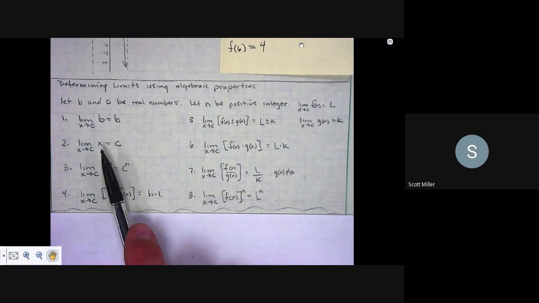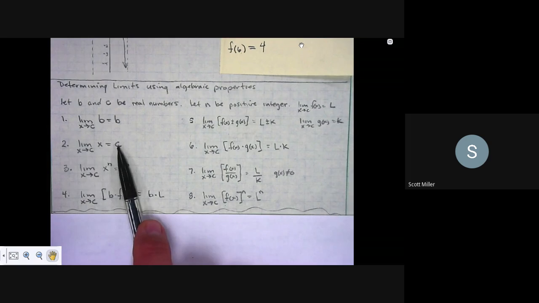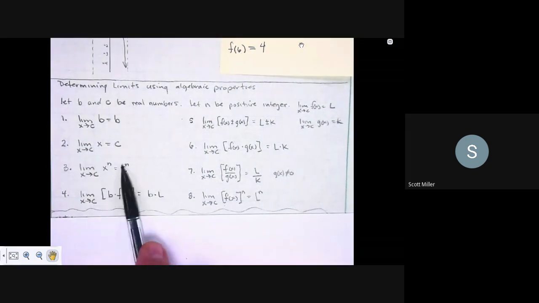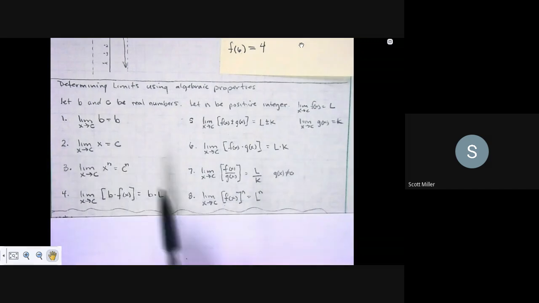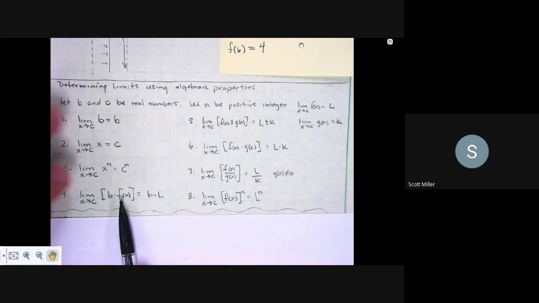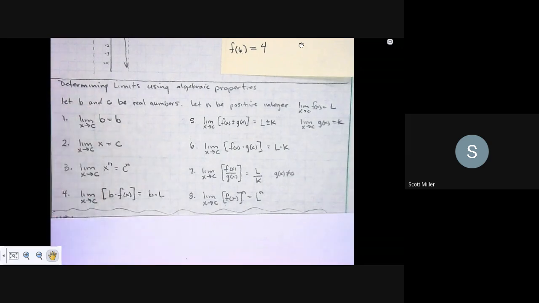So as x approaches the number c, then the y values will approach the value c. So that kind of thing. Just take a look at this and you can see some techniques that we're going to be using here as we talk about it. But if I have a constant times a function, then I can find the limit of the function and then just times it by that constant. This is another technique we'll be using.